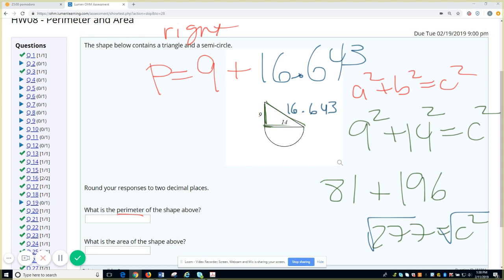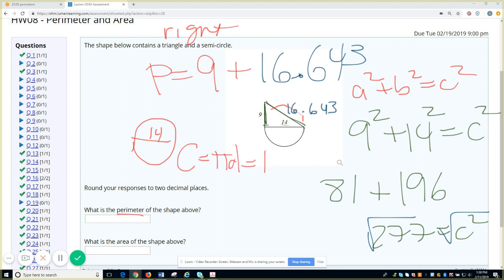And of course, that value is also part of my perimeter. Then the last measure that we need to know is how long the semicircular part is. And for that, we will have to pretend that this is a circle and recognize that this 14 is its diameter, and then calculate the circumference, which is pi times diameter.